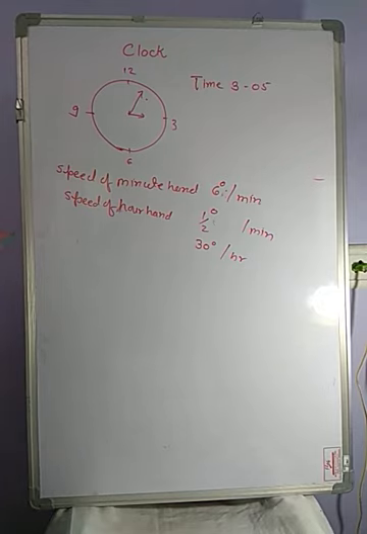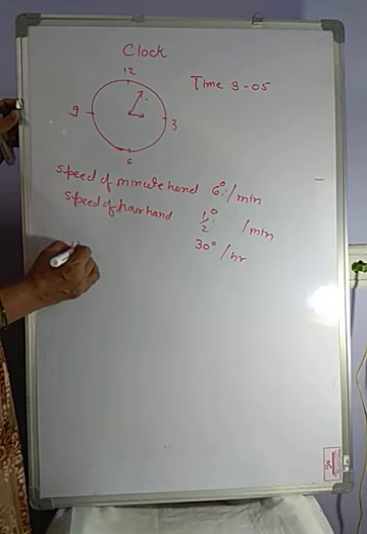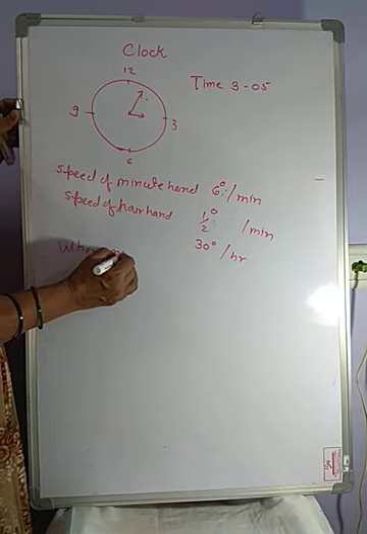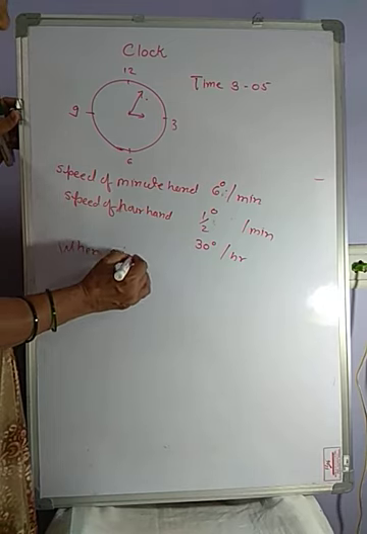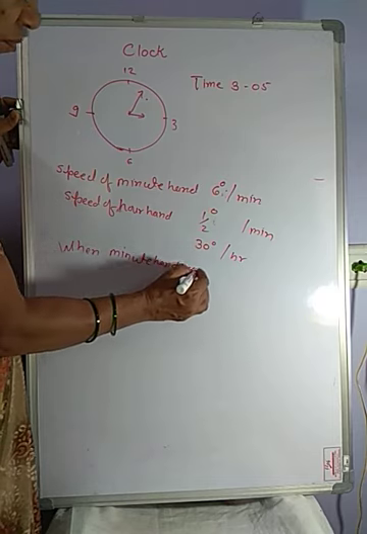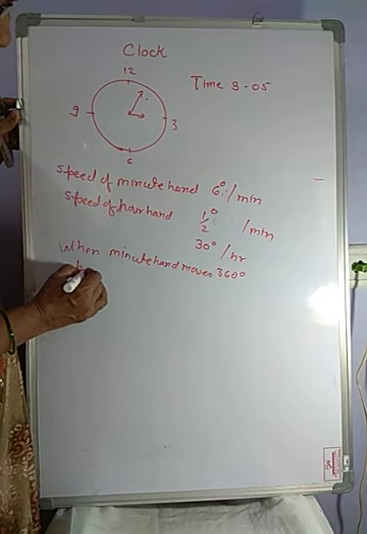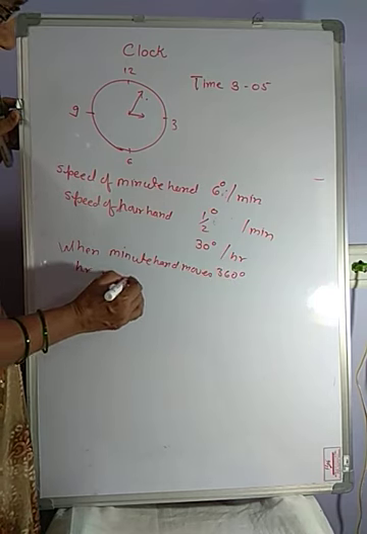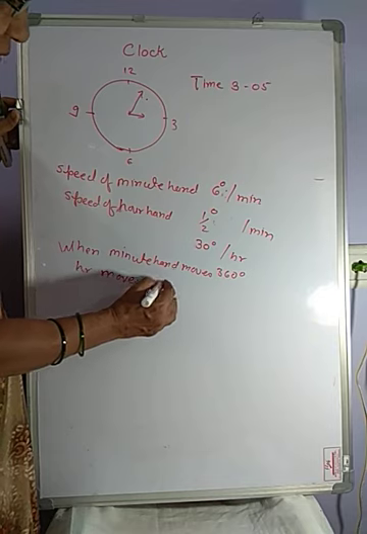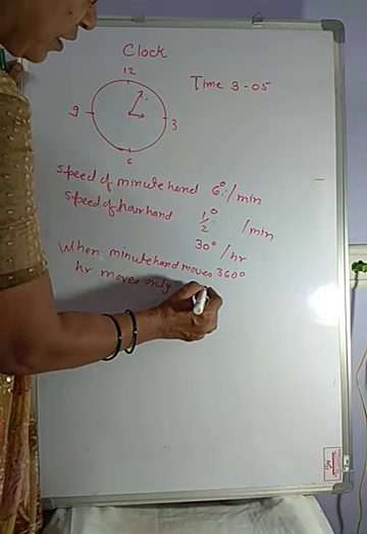Next, when the minute hand moves 360 degree, the hour hand moves only 30 degree.